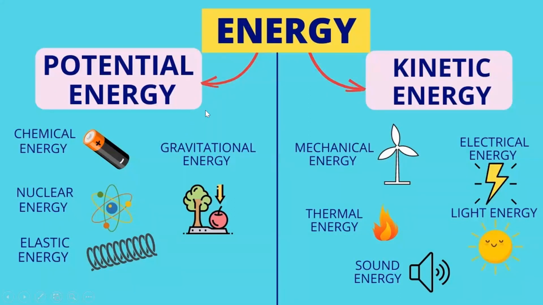So the energy could be stored in an object, and it doesn't transfer unless there is movement or motion. The kinetic energy here represents any kind of energy that results from the moving of particles, like mechanical energy, thermal energy, heat energy, sound energy, light energy, and electrical energy.